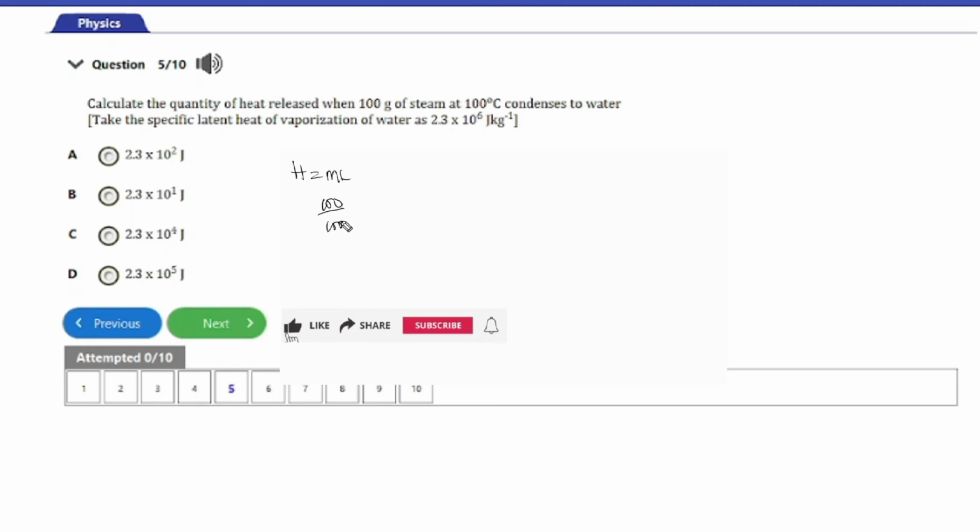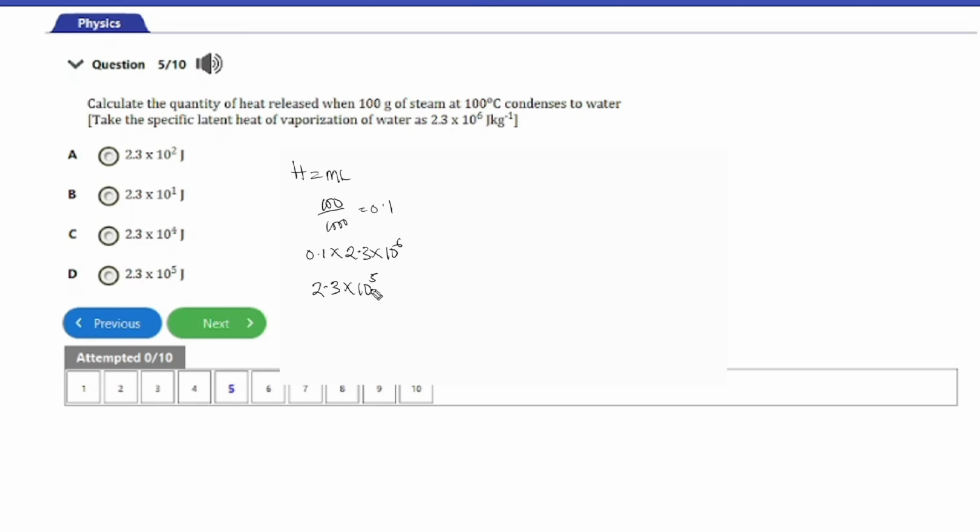That's 0.1 kg. So we'll multiply this by the L, which is the specific latent heat here of vaporization. So that's 2.3 times 10 to the power of 6. So when we multiply this by this 0.1, we're going to have 2.3 times 10 to the power of 5, and that's option D here.